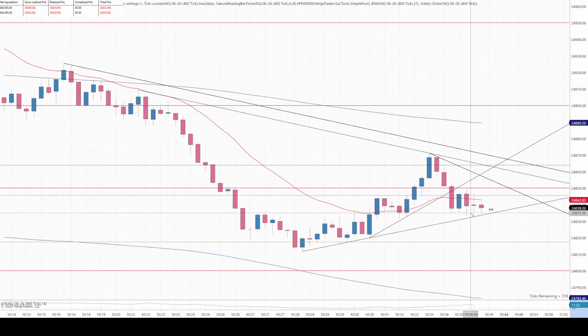Okay, we finally triggered lower. We have this upward trend line in the way.